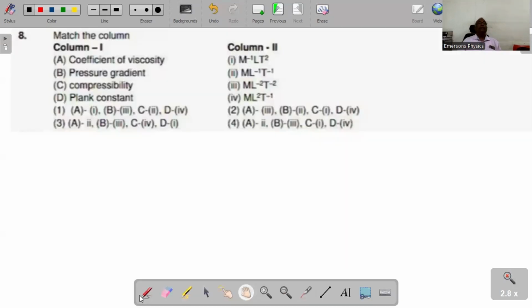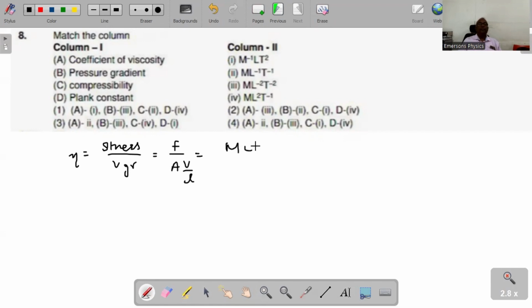Okay, the question: match the column, coefficient of viscosity and the dimensional formula of these vector quantities. Coefficient of viscosity, you know the formula, stress by velocity gradient. Stress is nothing but force by area, velocity gradient is velocity by length.